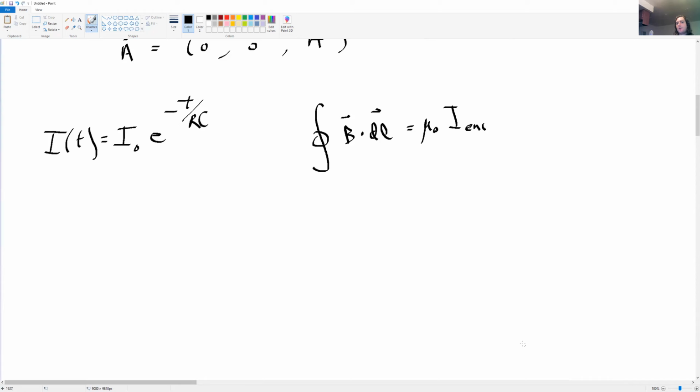So you can use Ampere's law for a loop, kind of like exactly what we did in class. Except there's one little thing you have to be careful of here.